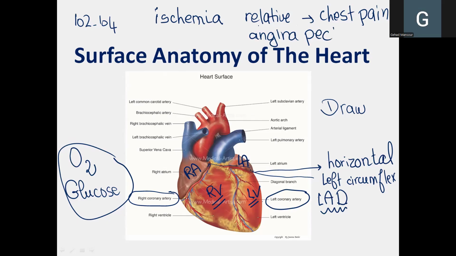Angina pectoris. This is because the coronary arteries have fats deposited inside, and there is diminished surface area for passage of blood.